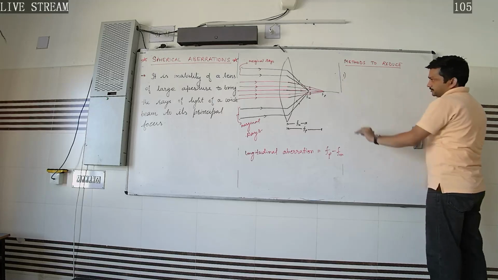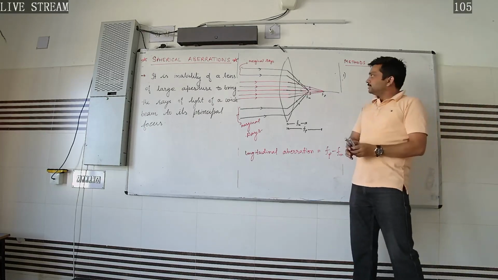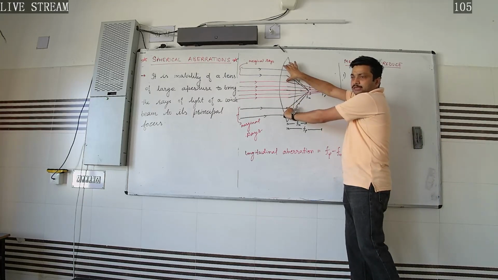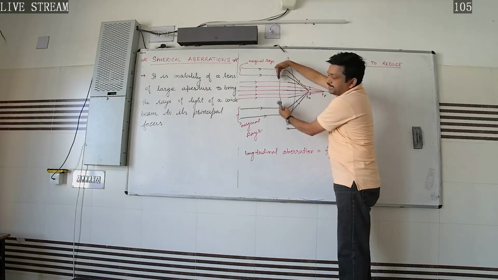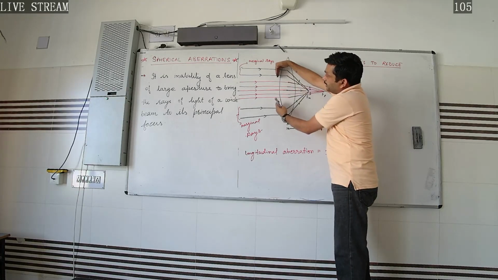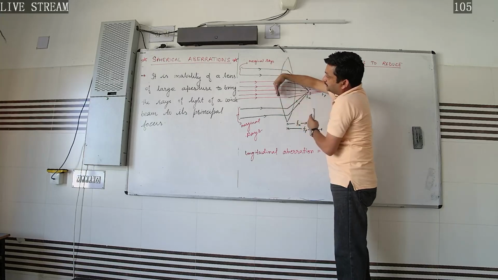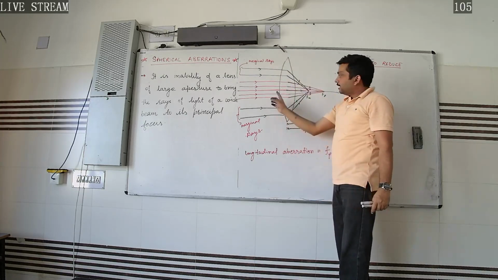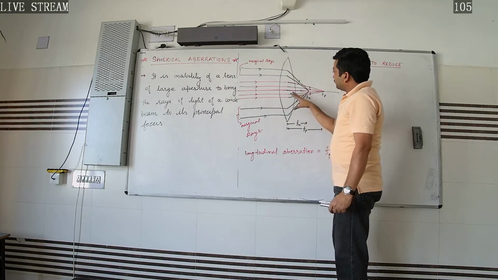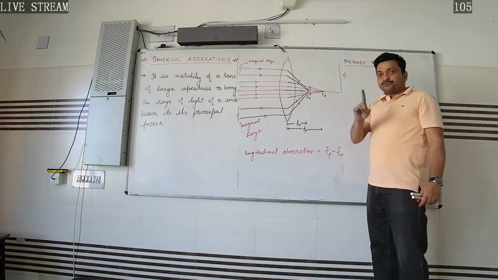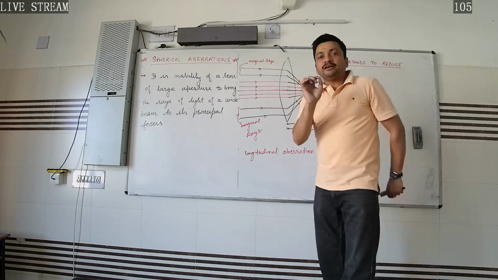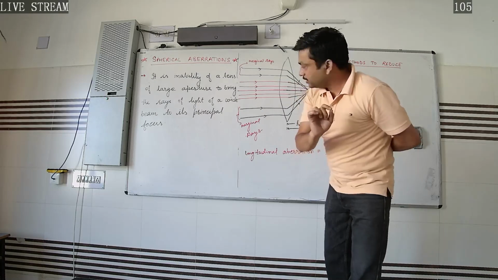The first method is either by blocking the paraxial rays or by blocking the marginal rays, by placing opaque screen stops in front of the lens, such that only either the paraxial rays or the marginal rays are allowed to pass through the lens. Then there exists only one principal focus, and the image formed by the lens is at only one principal focus.